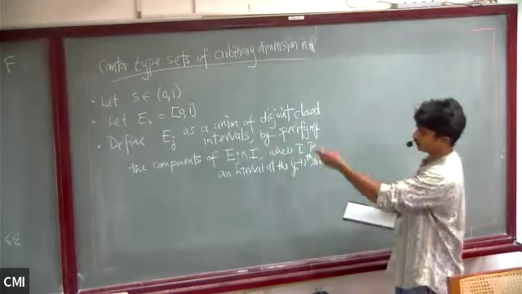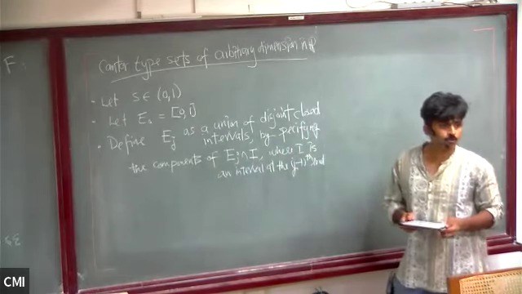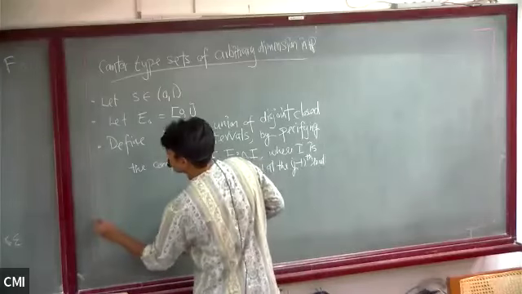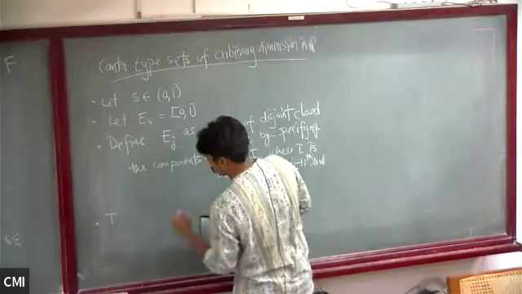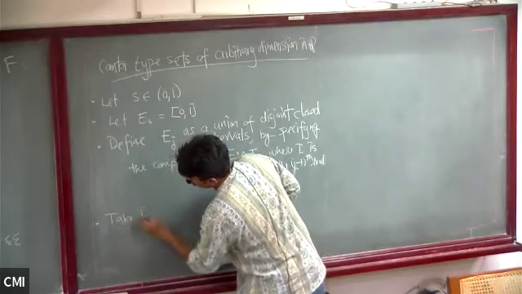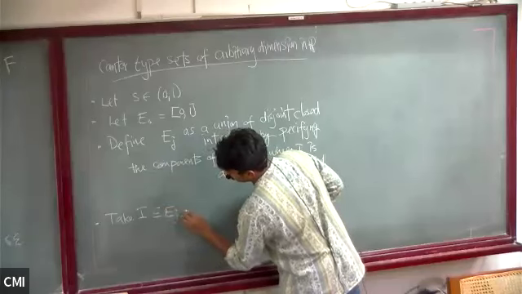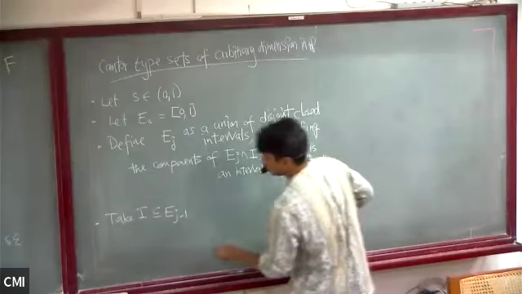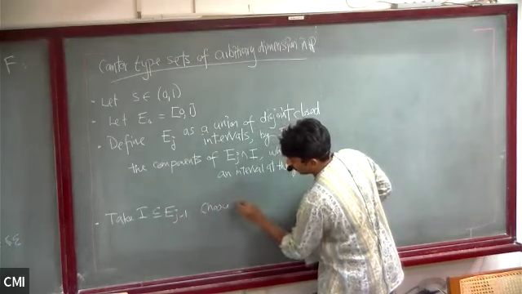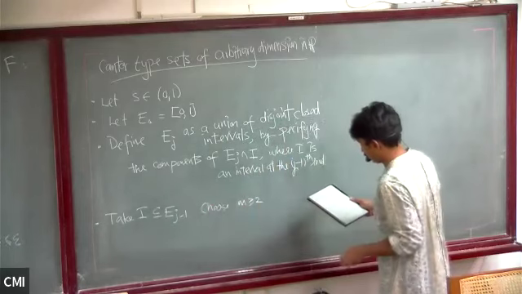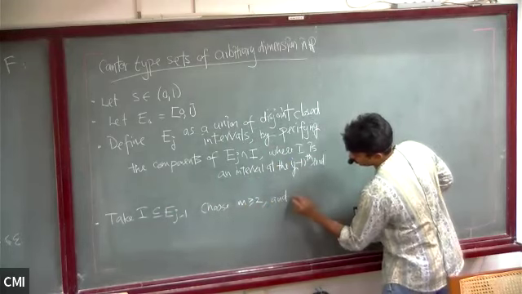In other words, I is one of the net intervals that constitute E_(j minus 1). So take I in E_(j minus 1). Now for each of these I, I'm going to choose an m. This m can vary depending on I, and m many closed intervals.